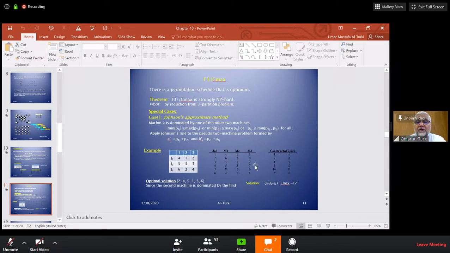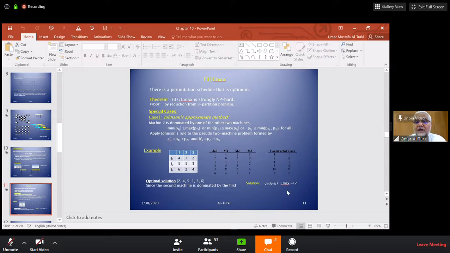So I will convert the 3-machine problem into a 2-machine problem. Now the 2-machine problem can be solved using the Johnson method that we have seen before. If you apply the Johnson method, you will have this schedule: 2, 4, 5, 1, 3, 6. Now this schedule is optimal with respect to the 3-machine problem.